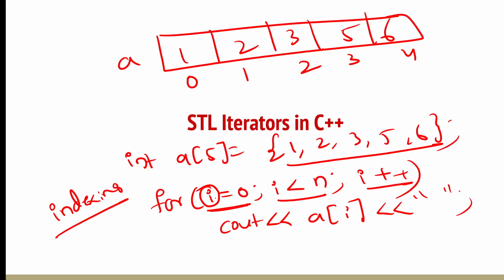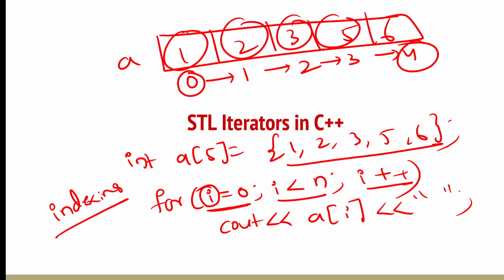This iterator value is changing, it is moving from 0 to 1 to 2, 3 to 4 and ending here. The iterator value is not affecting the original values of the arrays, it is actually referring to the indexing of the arrays.